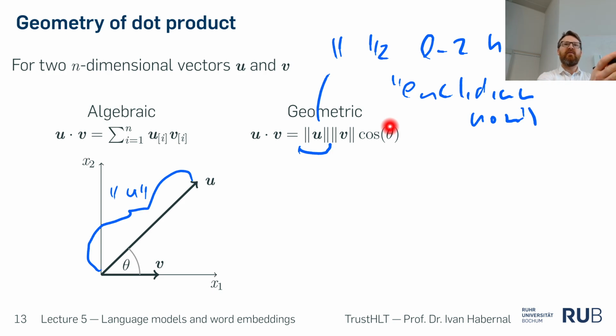So the smaller the angle between these two vectors, the bigger the cosine of that, and it is 0 if they are at a right angle. There's a word for that. I forgot. Say again? Orthogonal. Yes, thank you. Exactly. So you have to multiply this by the lengths, but if these lengths were 1, then the dot product corresponds to the angle between two vectors. So there is a geometric interpretation of the dot product.